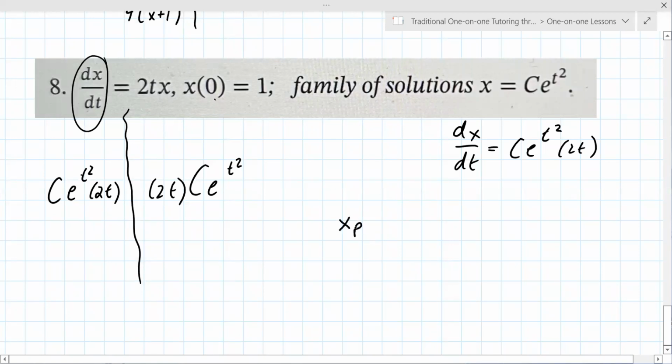They call it x_p for particular. You're just substituting the value of 0 in for t. So c equals 1 in this case, and your x particular is e to the t squared. And then they want to know the interval in which this is okay.